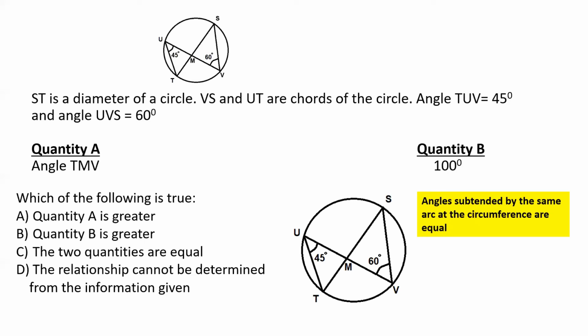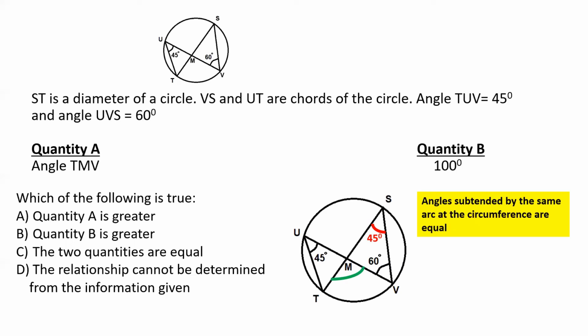Another angle that the same arc subtends at the circumference is angle TSV. So angle TSV must also be equal to 45 degrees, because angles subtended by the same arc at the circumference are equal. So angle TSV is 45 degrees.